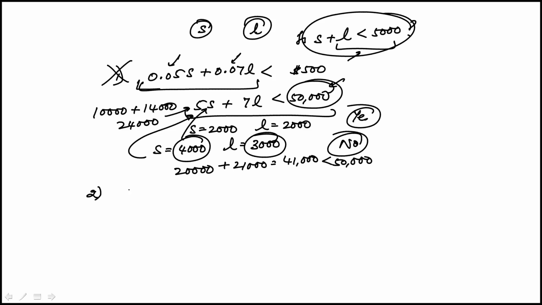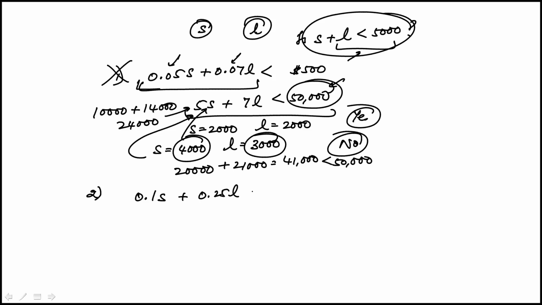Now we'll look at statement 2, which says the sum of the selling price of the bolts was greater than 1,300. So the selling price for the small bolt was $0.1, and for the larger one was 0.25.